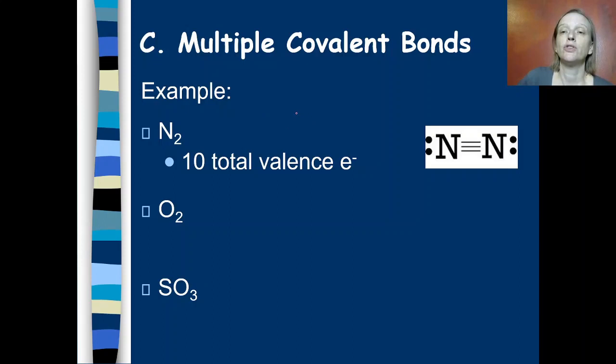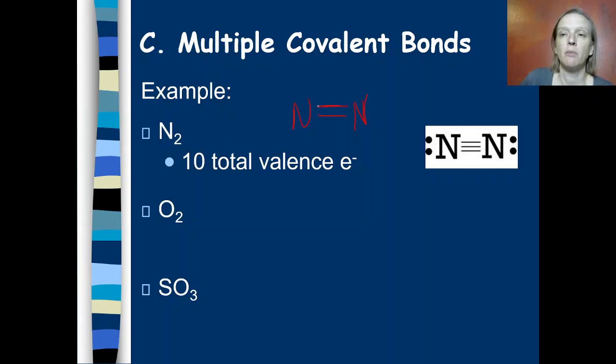In order to have a molecule where all the atoms have a full octet, I start with just the one bond, which is 2 electrons, but I can't put 6 electrons here and 6 electrons here because that would be 12 and that would be too many.